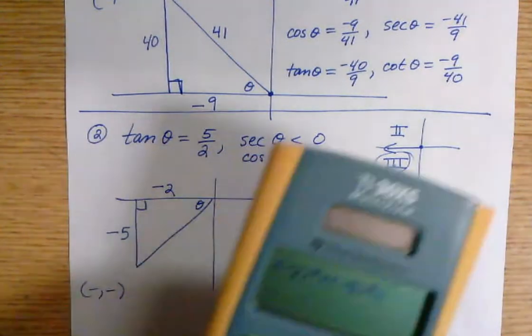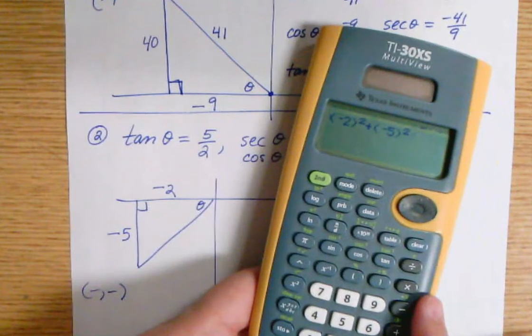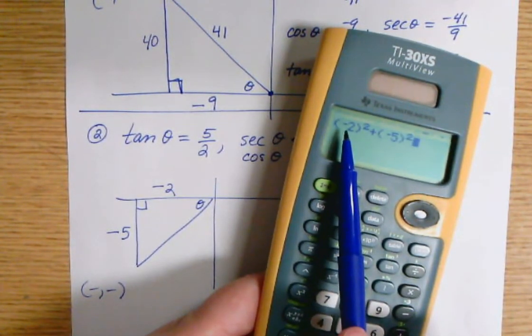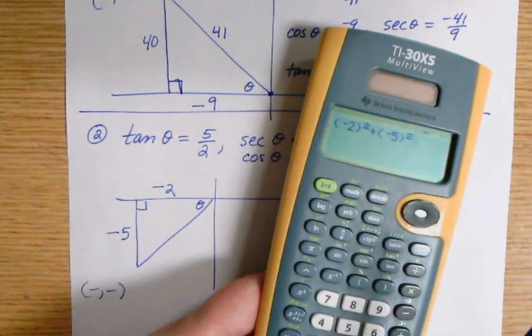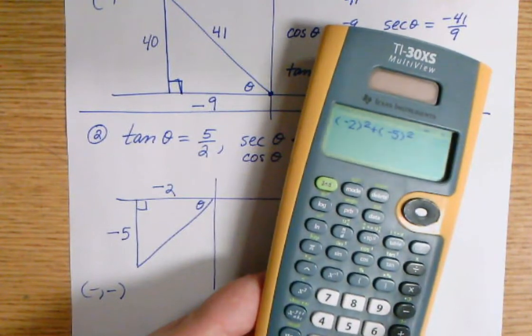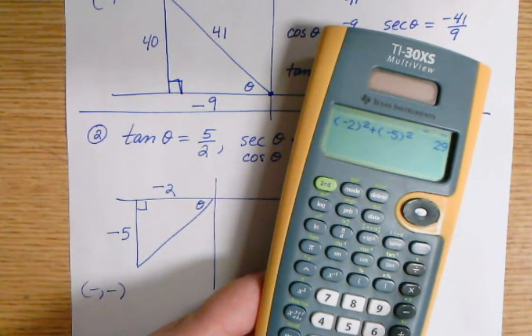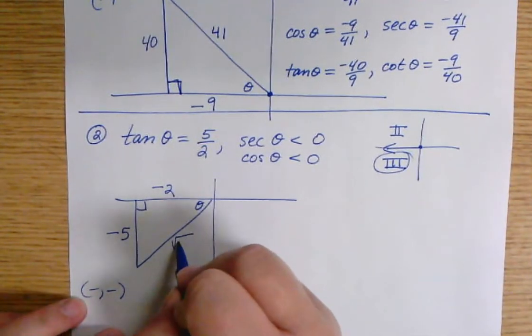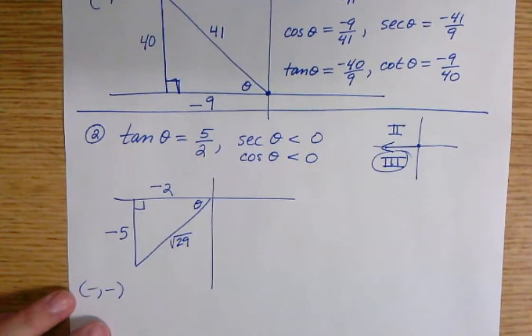And we know that when we square a number, we get a positive. If you type it in your calculator, don't psych yourself out by forgetting to include the negative inside what's being squared. Both of those, when I square them, I'm going to get a positive number. So in other words, 4 plus 25, which is 29. So the hypotenuse here is square root of 29.